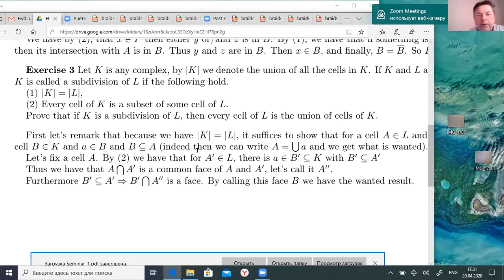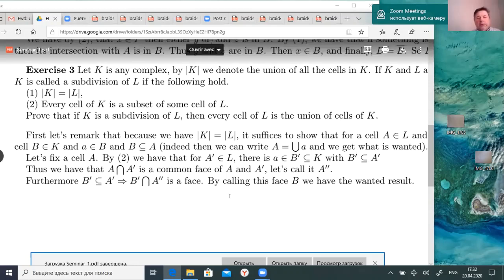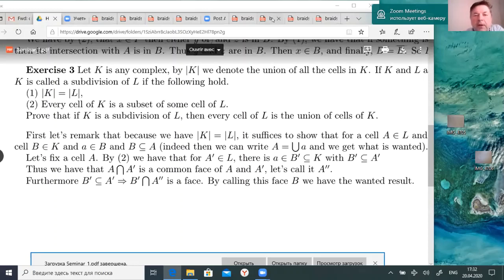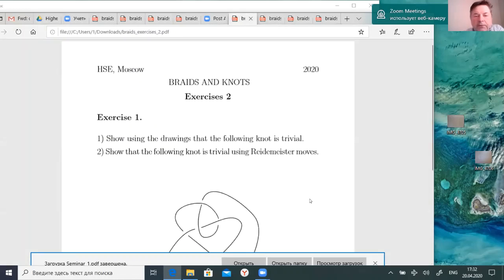We've finished with the previous exercises. Did you look at the exercises which I sent today in the morning?